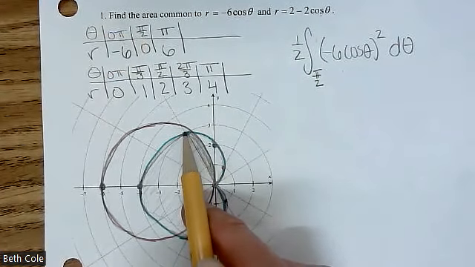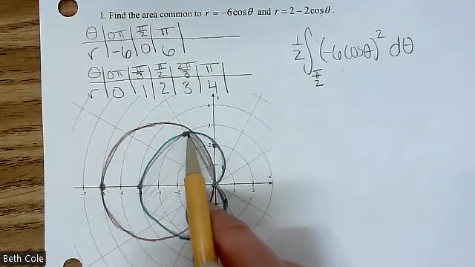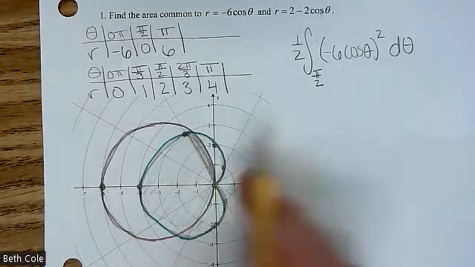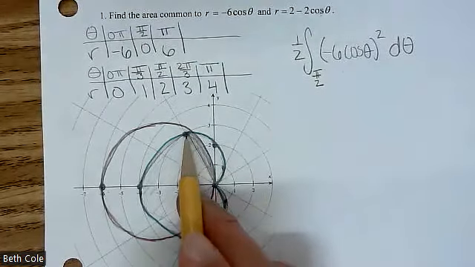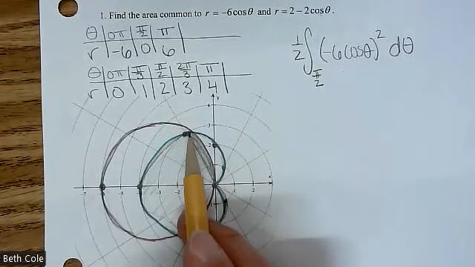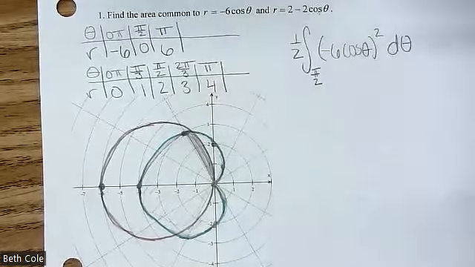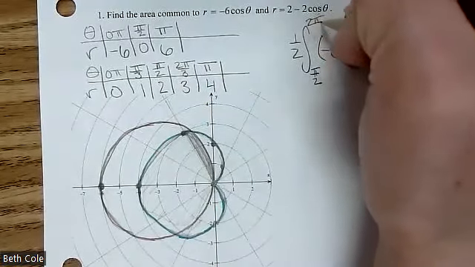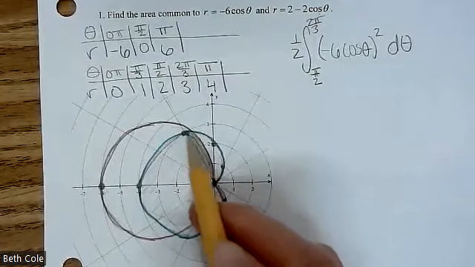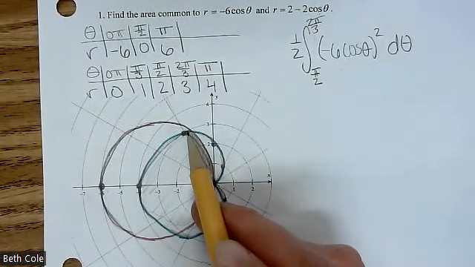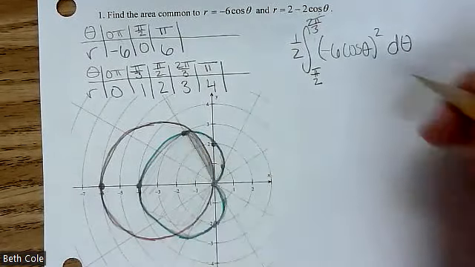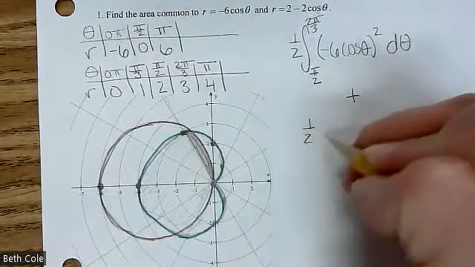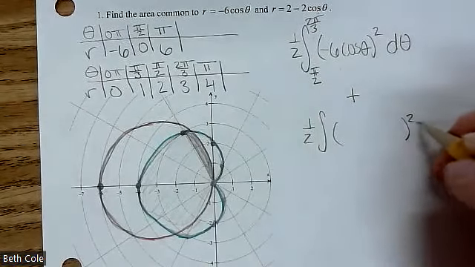I was trying to save you some work. What is that rotation to, on your unit circle? Yeah, good. That's 2 pi over 3. We don't have to actually figure it out. It's just going to be 2 pi over 3. So from there to there. Plus, and now we're going to do another one for the other graph.